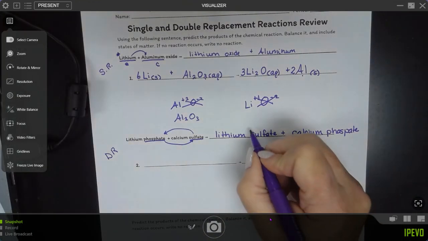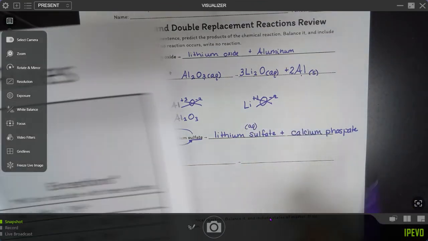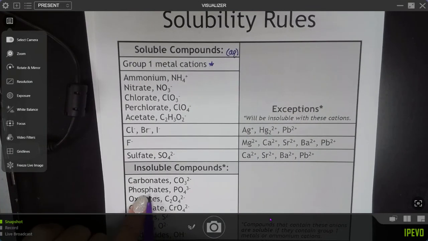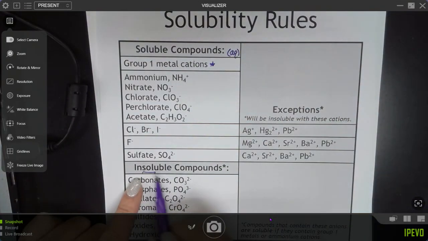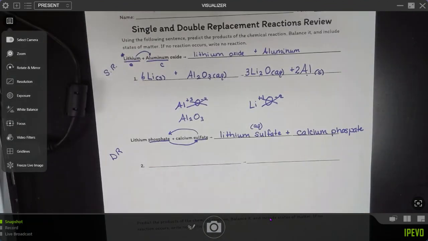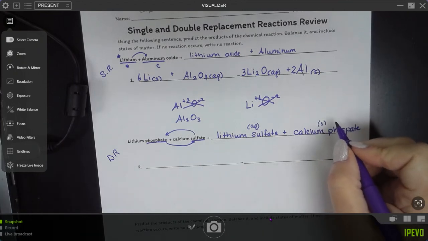So lithium sulfate is aqueous. And then calcium phosphate, if we look down here, phosphates are always insoluble, or S. So our calcium phosphate is going to be a solid. All right, so that means this reaction happens.